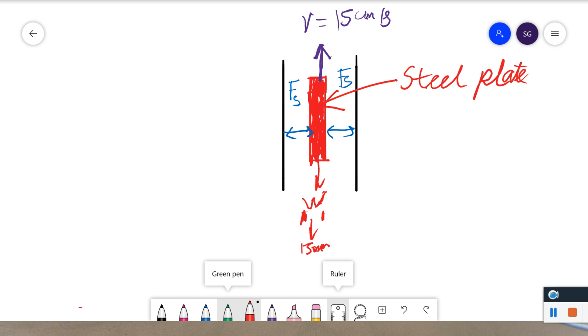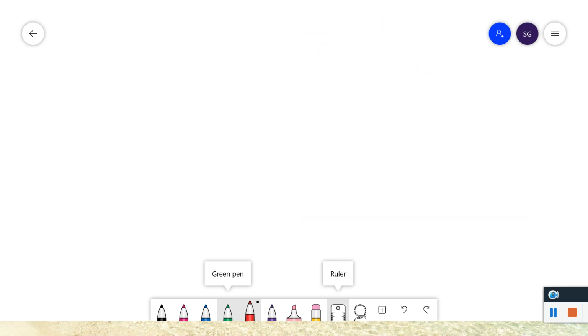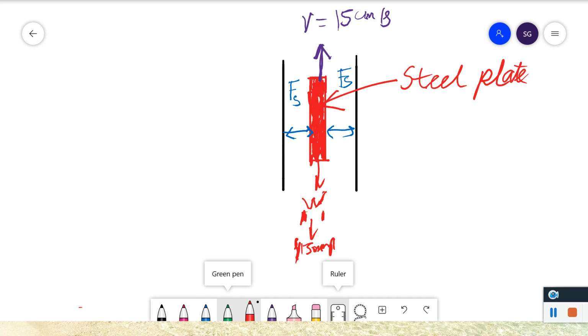As you can see, this is 15. These are two vertical plates, and this thickness of 15 is mentioned in the question. And this gap is filled with glycerin. You can see this blue portion, this is filled with glycerin.